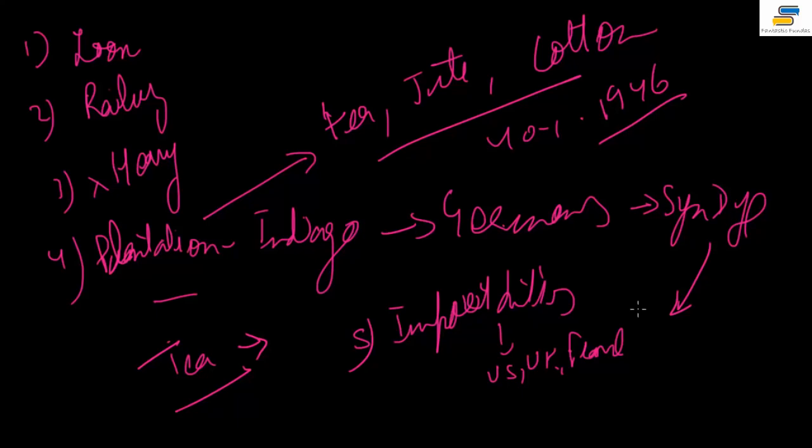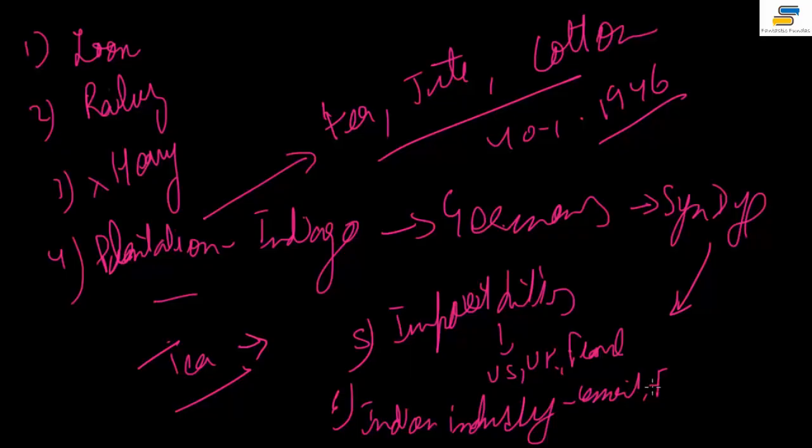And जो Indians होते थे, Indian industries, okay, this is number 6 point over here, that Indians जो industry own करते थे जैसे cement या iron and steel. These people were denied protection, right? And foreign industry was protected. That was a problem, right?